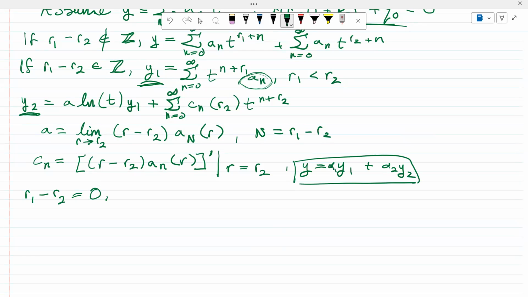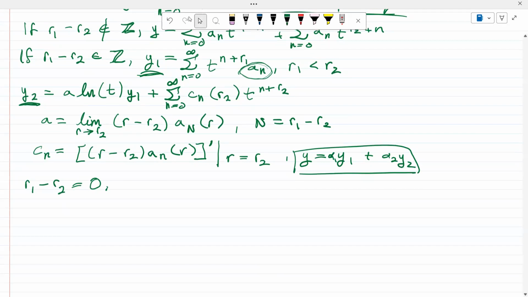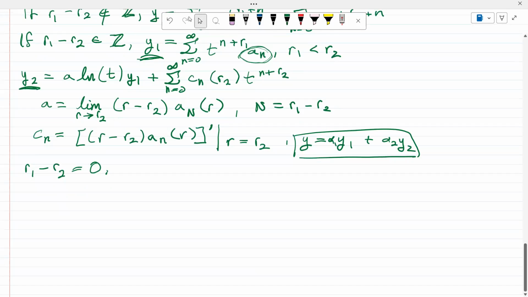Okay. So if R1 minus R2 is equal to 0, aka we have equal roots, then y1 is equal to the series of a_n x to the n plus r.